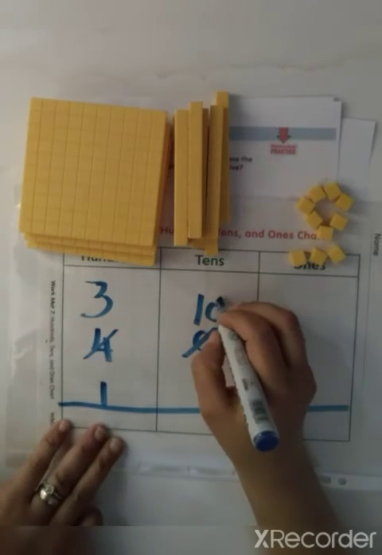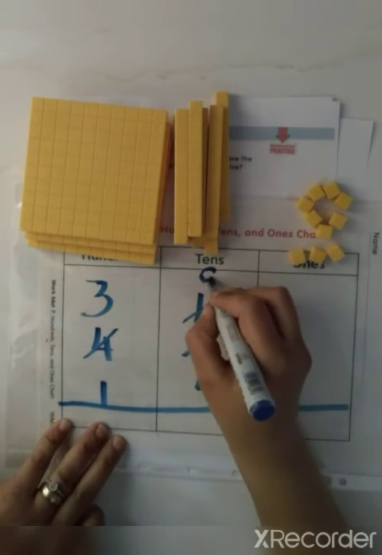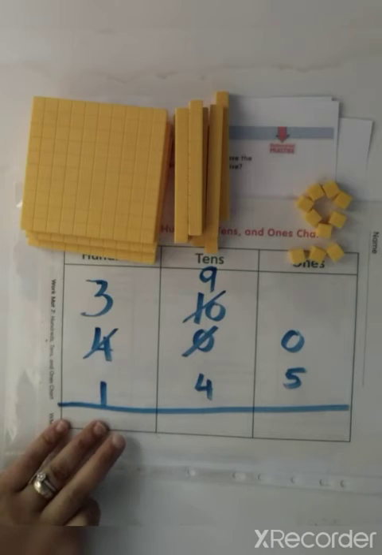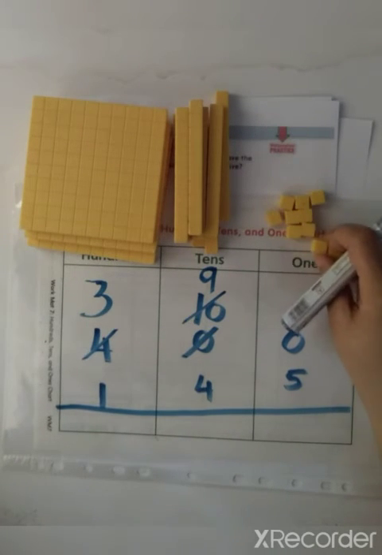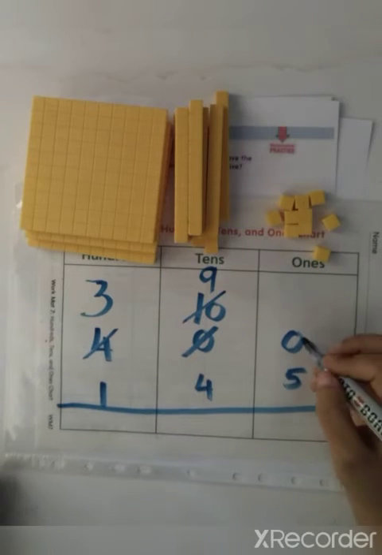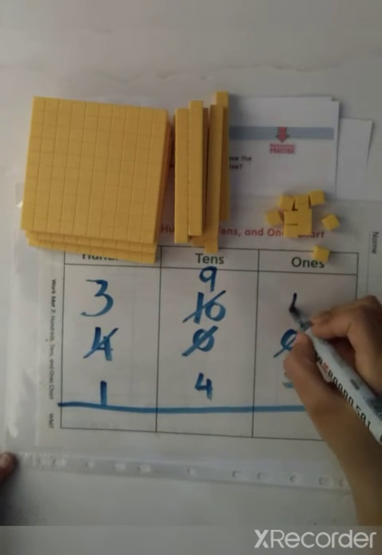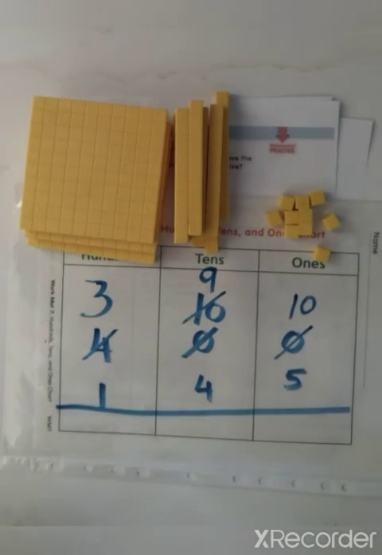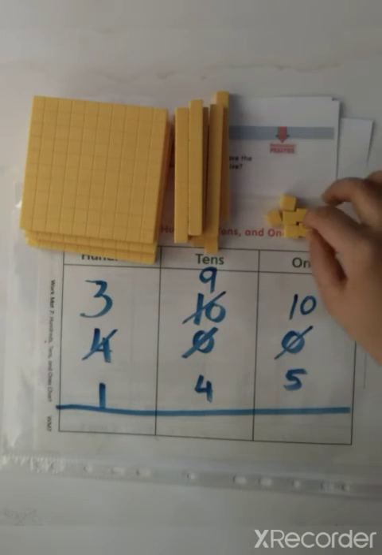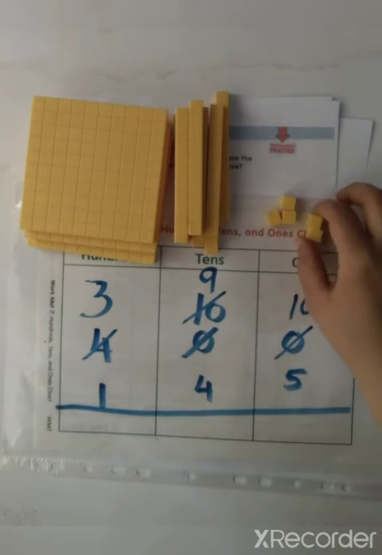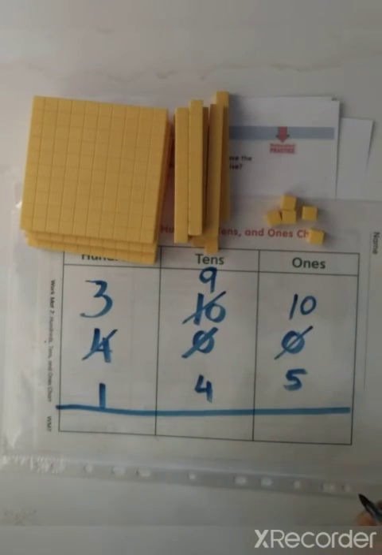So we cross the old number and write 9 because we take 1 from the tens and give it to the ones as 10 pieces. So the ones now equals 10. Yes, very good. Now we can subtract 10 minus 5. Yes, after we take 5, 1, 2, 3, 4, and 5. How many left? Yes, very good.